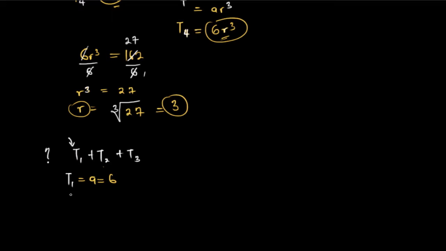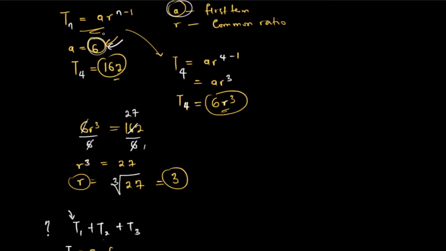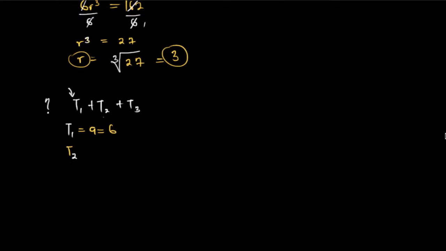So the next thing we want to find is T2. To find T2, we recall the formula: T sub n equals AR to the power n minus 1.